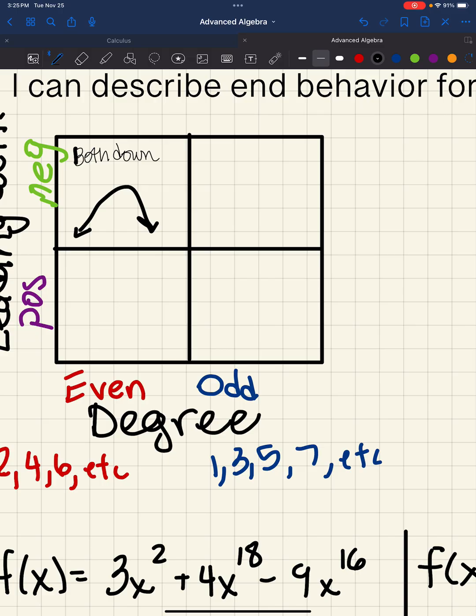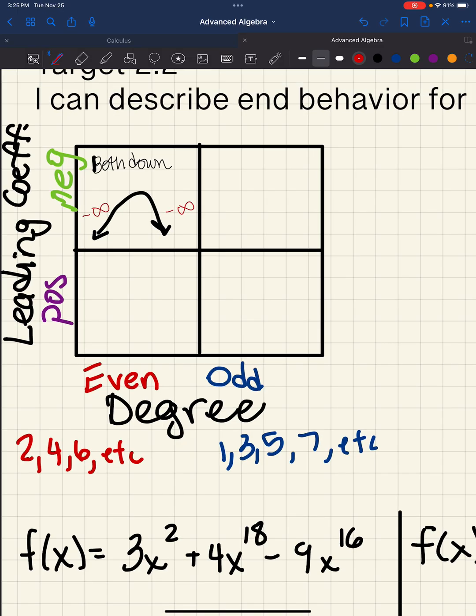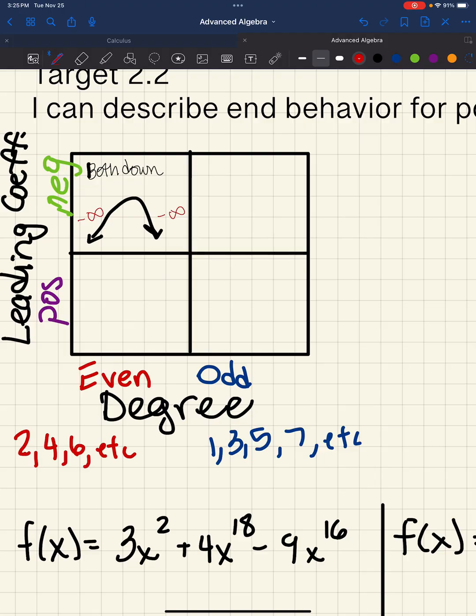And both of these are going to be going towards negative infinity. So both of my answers, we'll get to that in a minute, are negative infinity. And that's when we're negative and even. If I am positive and even, then I'm going to be both up, which of course would be the opposite, positive infinity and positive infinity.